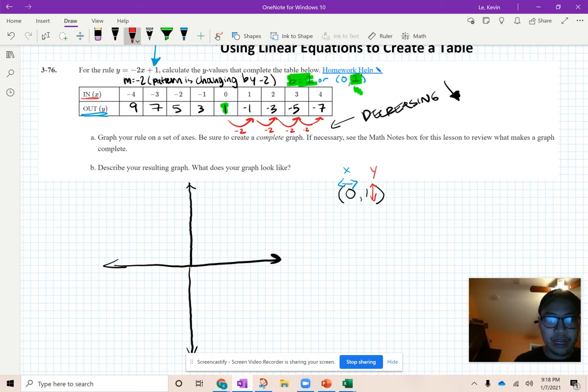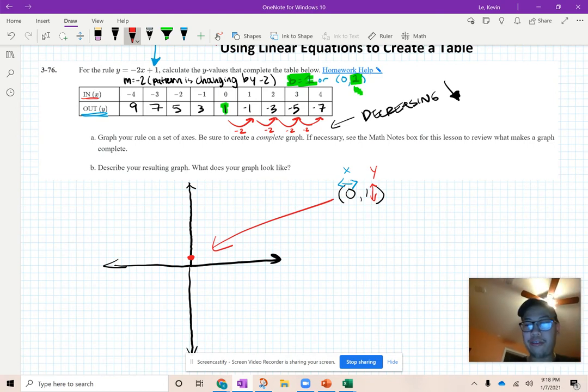So that means 0, 1, it's going to be right here. So 0, 1, so I start at the center, and then I don't go anywhere left or right because of x at 0. Y tells me I need to go up by 1 unit. So here's my point right here. That's 0, 1 right there. This is 0, 1.